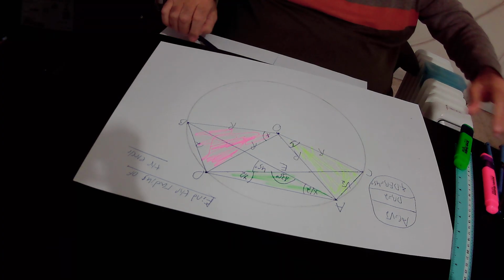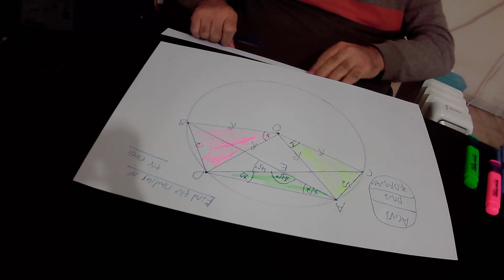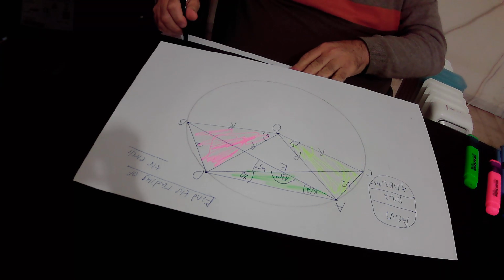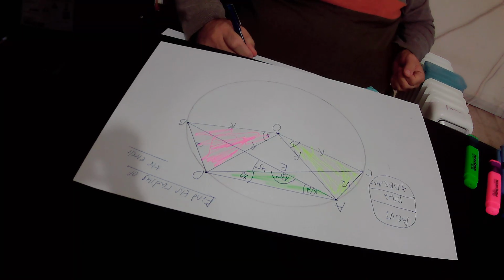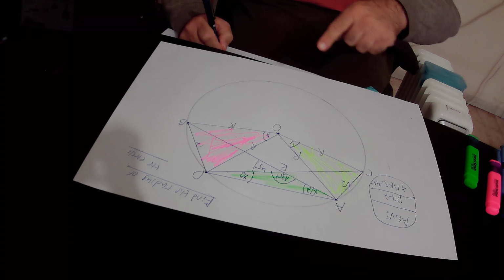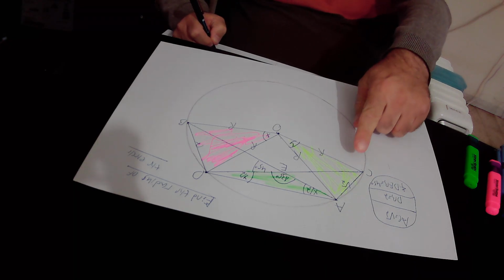In the yellow triangle, triangle AOC, according to the law of cosines, we get that cosine y equals r squared plus r squared minus square root of 2 squared.